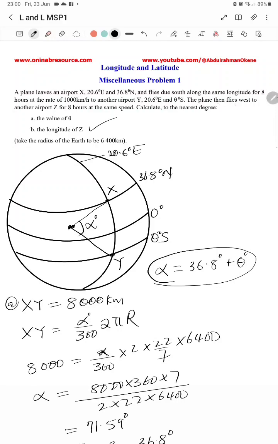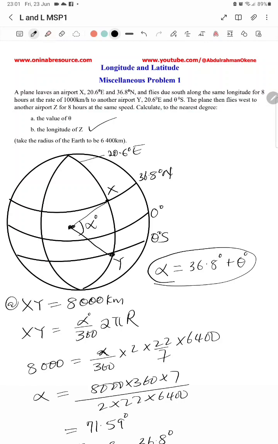The plane then flies west to another airport Z for 8 hours at the same speed. So it moves to this side. We need another longitude, which means it flies along this latitude.